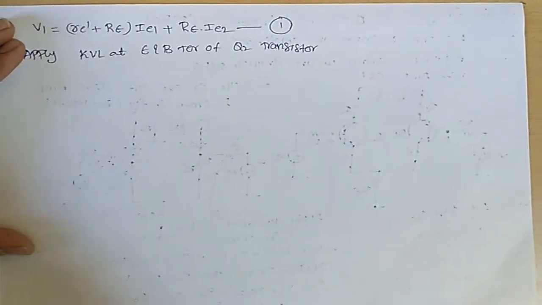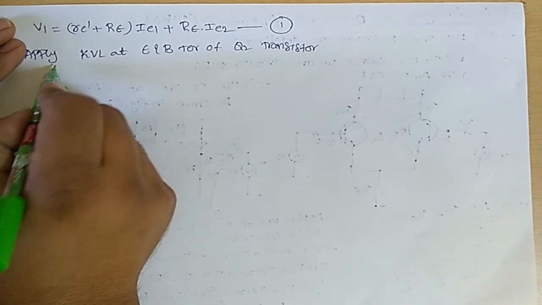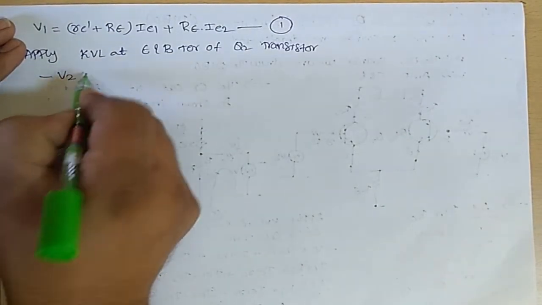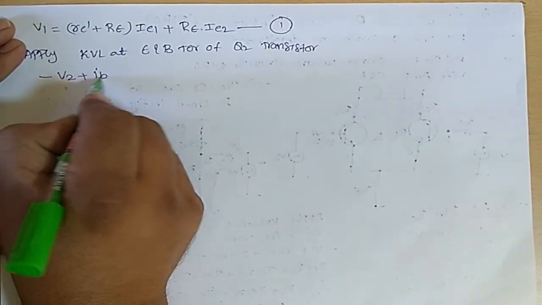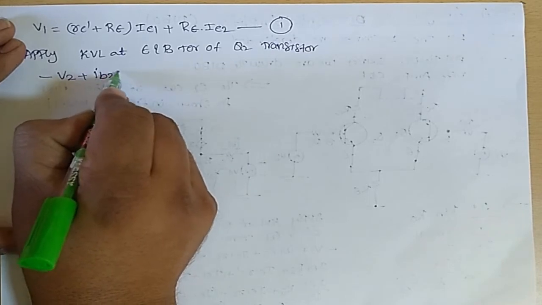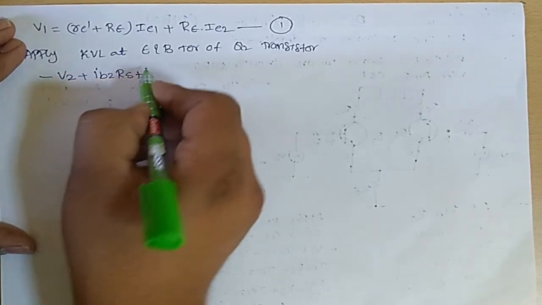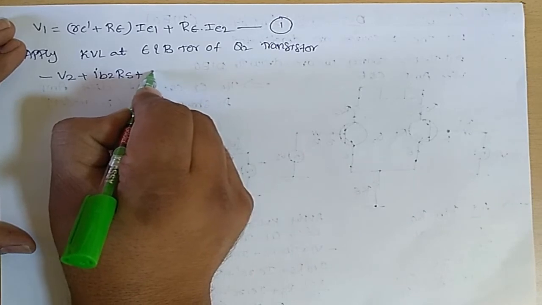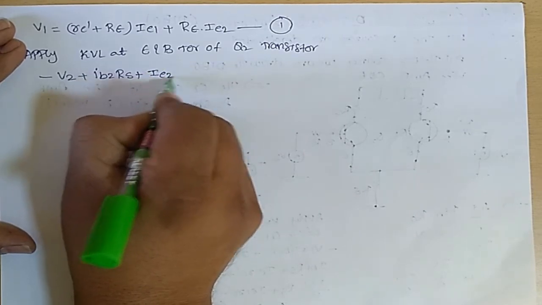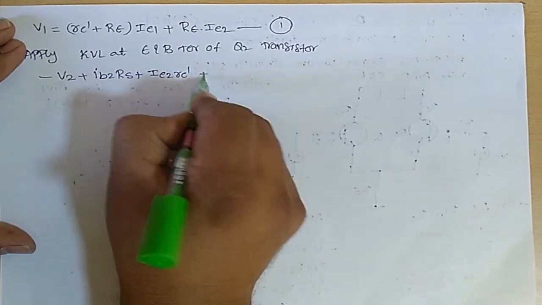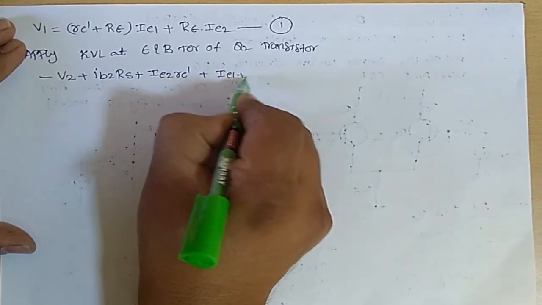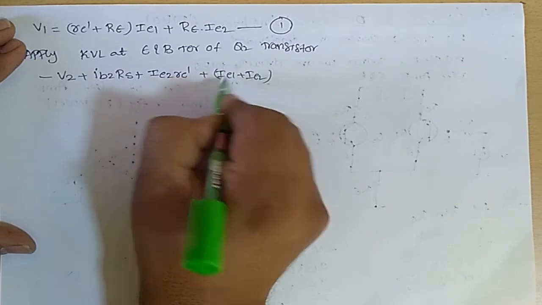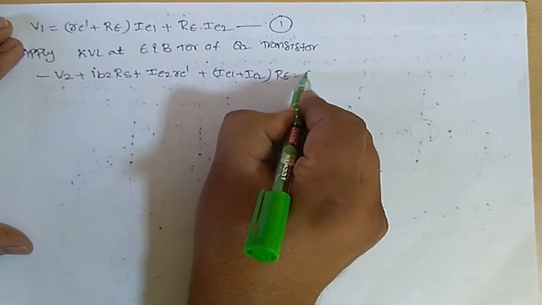That equation is minus V2 plus IB2 into RS plus IE2 into Re dash plus (IE1 plus IE2) into Re equal to 0.